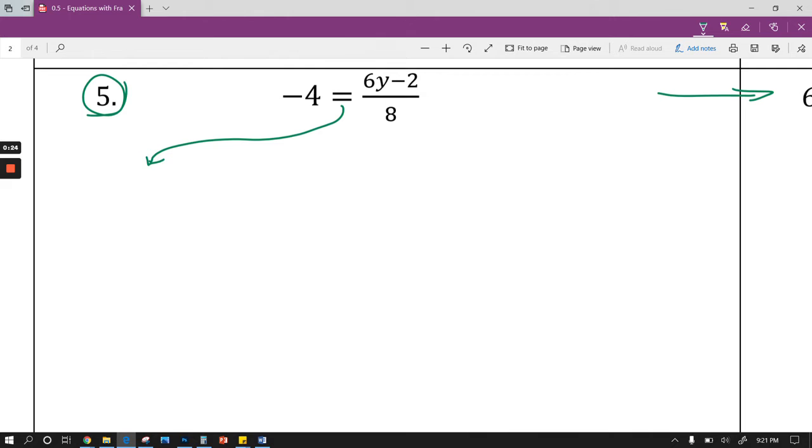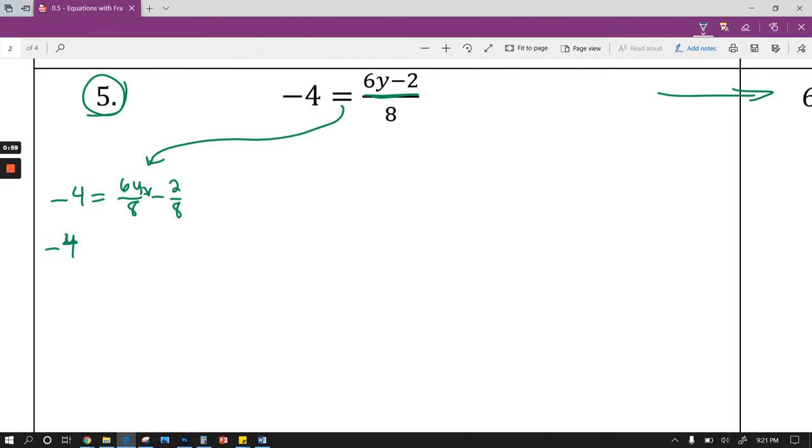First road that we can take is to split this fraction up. So we can split this fraction by rewriting our equation as -4 is equal to 6y over 8 minus 2 over 8. Now 6y over 8 doesn't really look like an equation that we've been using very much, so we can even bring this y out, so then it looks just like one of those two-step equations that we've been solving earlier.